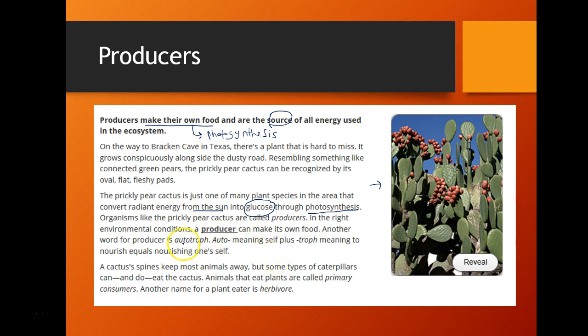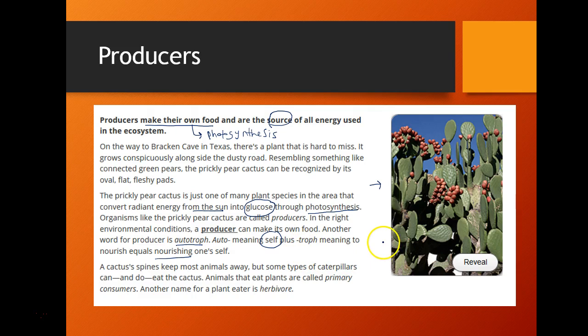Another word that we can use for producers is autotroph. Auto means self, and troph means nourishing. So if we put self and nourishing together, it means that it nourishes itself.